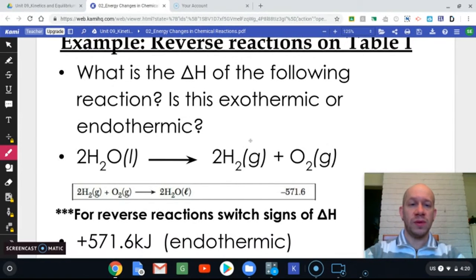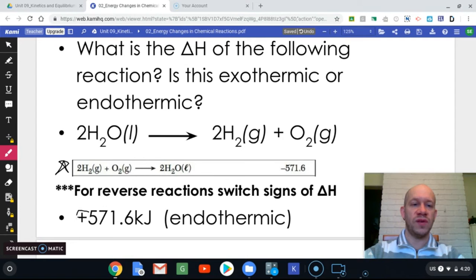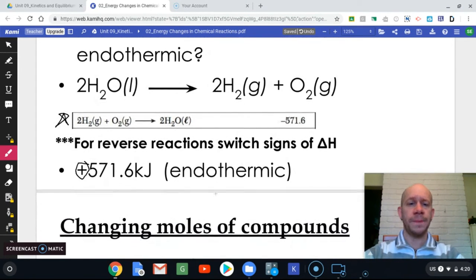Is this exothermic or endothermic? The way it's written this way, if you find this reaction on Table I, you'll see it's just the opposite. This reaction written as so is a negative 571.6 kilojoules. If I reverse it, turn it all the way around, I have to reverse that sign. Therefore, the reverse reaction is endothermic.